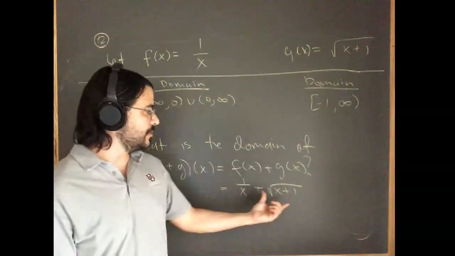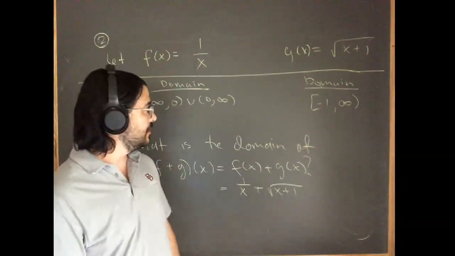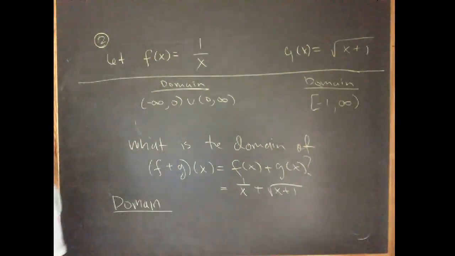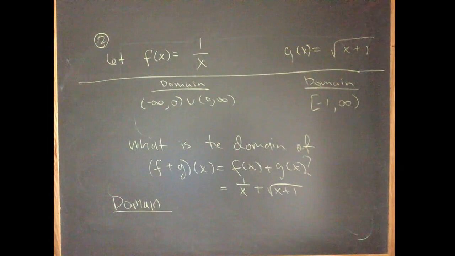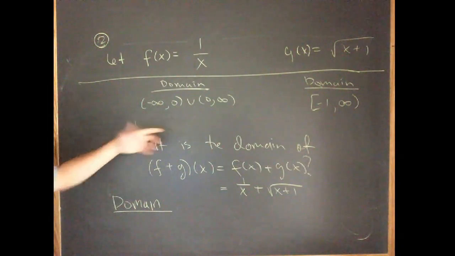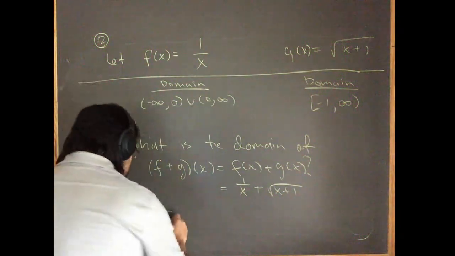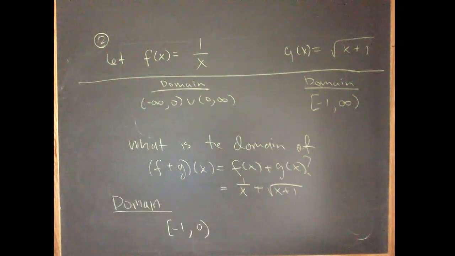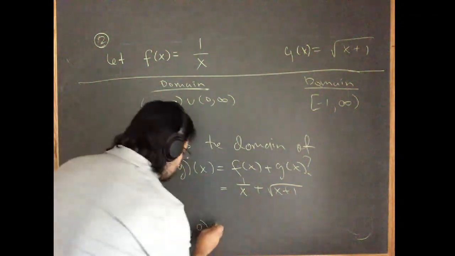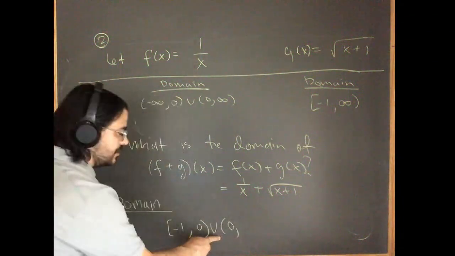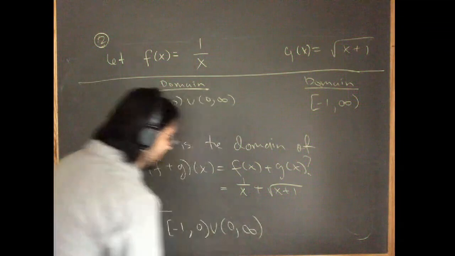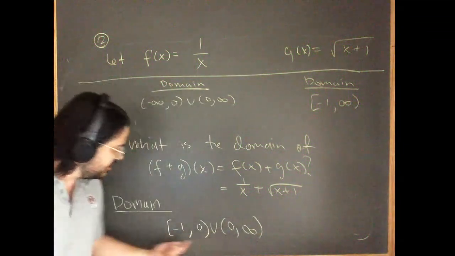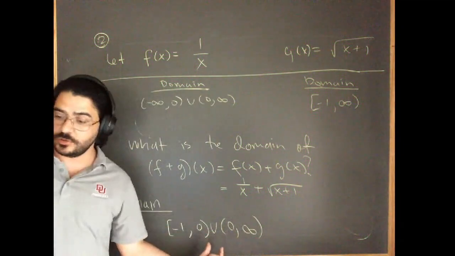Because otherwise it wouldn't make sense to plug it into g. But there's something else that we can't be equal to either, right? Yeah, so we can't be equal to 0. So the way we would write this domain out is we go from -1 to 0, not including 0, and then we'd have to go 0, not including 0, all the way out to infinity. And this is saying it's the numbers bigger than or equal to -1, excluding 0.